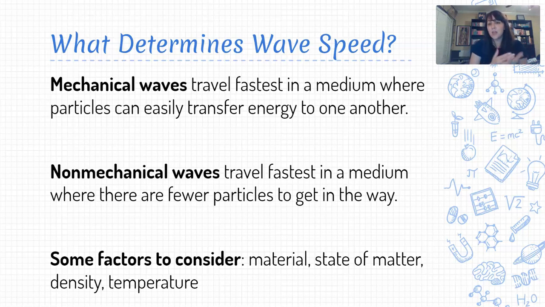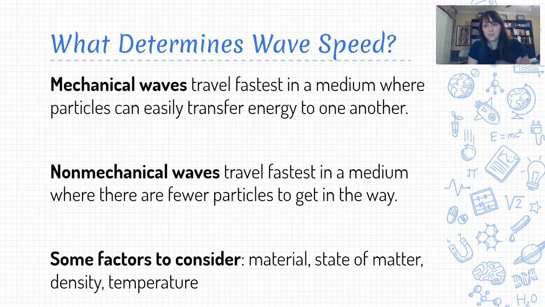So basically then mechanical waves are going to travel fastest when particles are able to transfer energy efficiently, when we've got our particles close together enough to be able to transfer that, when they're moving quickly enough that they're able to bounce into each other and transfer that energy. We really want our particles interacting on a regular basis in order to allow that mechanical wave to move as quickly as possible.